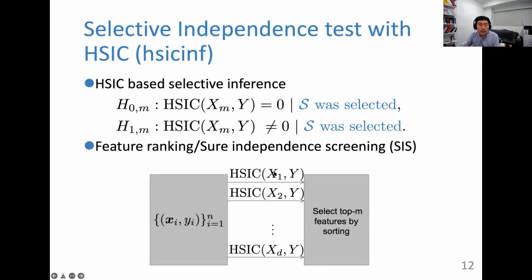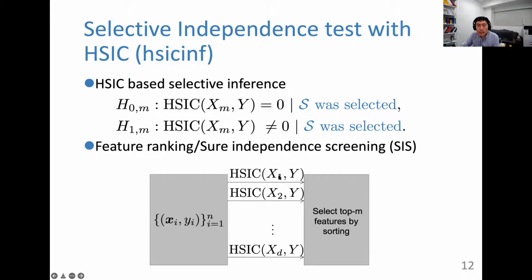Basically, HSIC is 0 if and only if X and Y are independent, right? Therefore, we can use it as an association measure between the features and the output. If feature 1 is independent of Y, then HSIC between X1 and Y becomes 0.